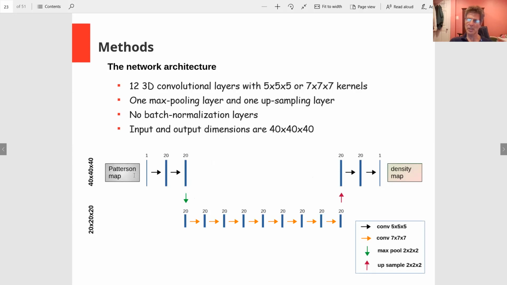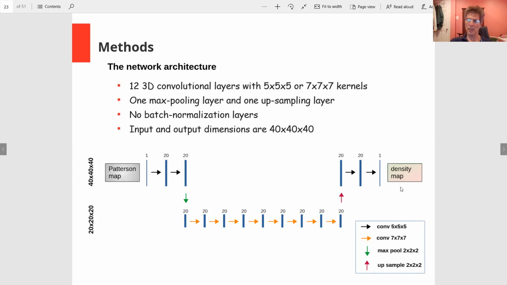And at the higher resolution, I'm using 5 by 5 by 5 convolution layers. And at the lower resolution, I'm using 7 by 7 by 7 convolutional layers. And then you see on the input is the Patterson map. That's one channel.